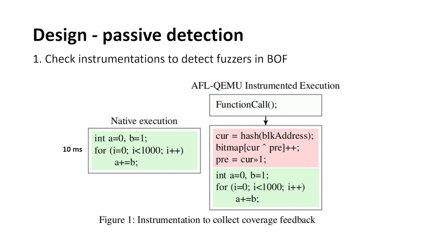However, in the binary-only fuzzing mode, the execution of the instrumentation will usually take more time than in the normal execution, which will be larger than 10 milliseconds. So we assume it takes 20 milliseconds. We can compare the time of the instrumented execution, which takes 30 milliseconds, and the uninstrumented code, which only takes 10 milliseconds, to identify whether there exists a fuzzer or not.